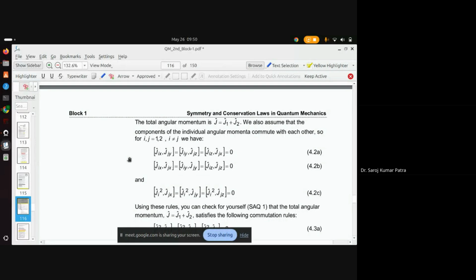The x component of total angular momentum of the first particle and the y component of total angular momentum of the second particle, those two can be determined simultaneously. Those are two different particles, right? So they will commute. So Jix, Jjy will be 0. Similarly, Jiy, Jjz, and Jiz, Jjx are equal to 0.